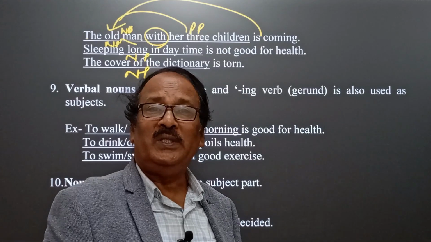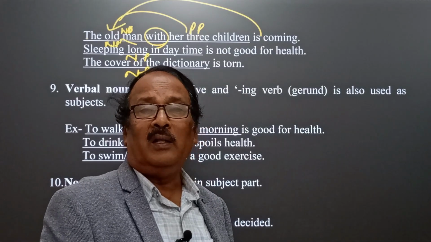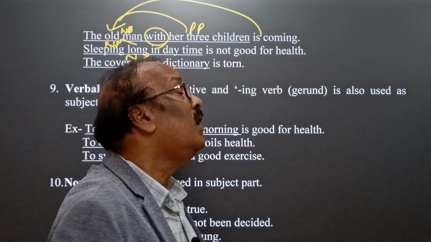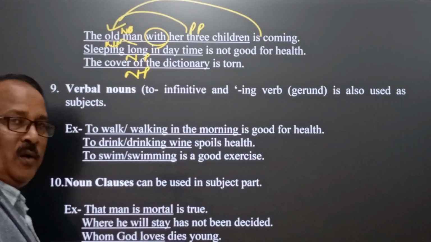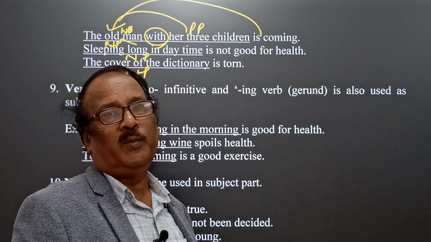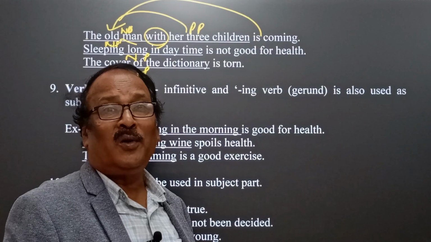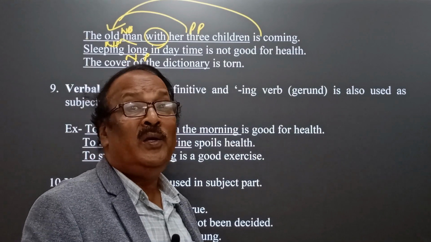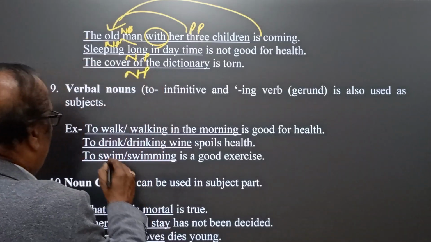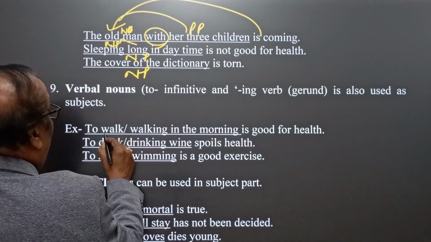In other words, we say gerund, and that gerund is also used as a subject. Then how? Yes, to talk. To infinitive is also used as a verbal noun. To talk. I want to talk. Here, to talk is a verb form, but used as a noun.